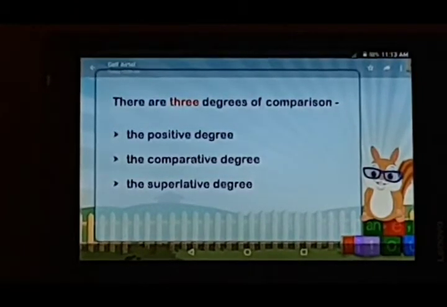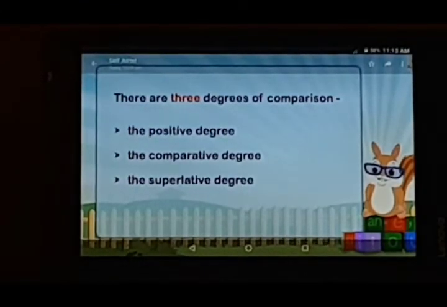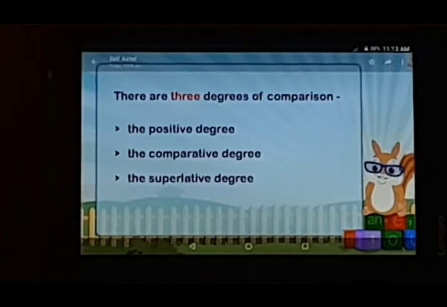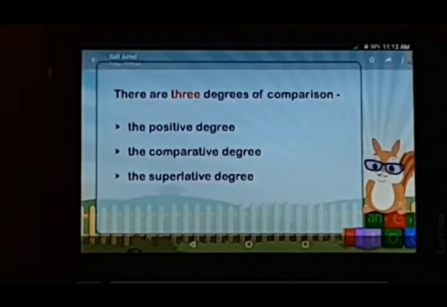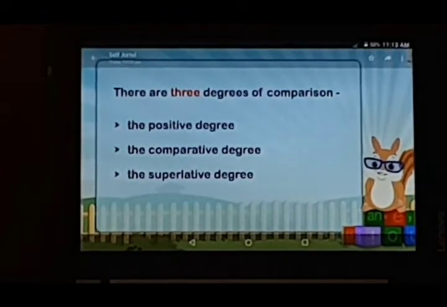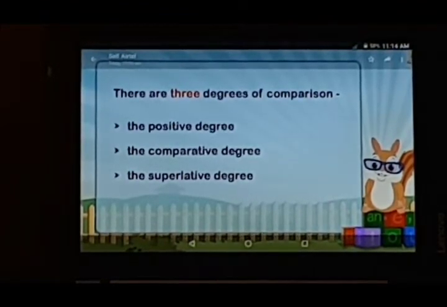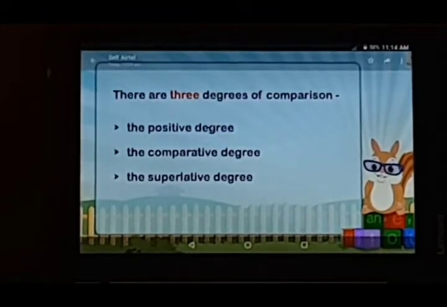The positive degree: when we talk about one noun and its qualities, those are all positive degrees. For example, this boy is tall, this place is beautiful. We are talking about the qualities of one noun here.